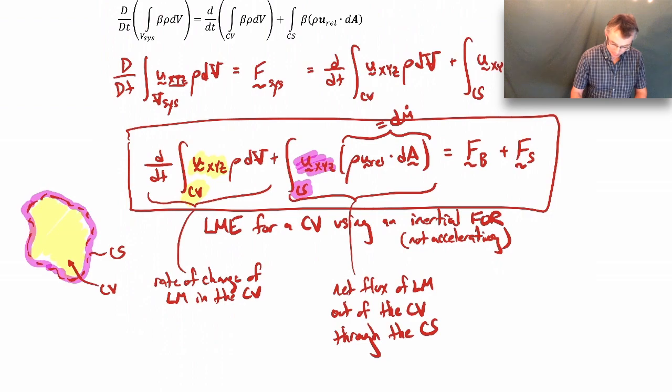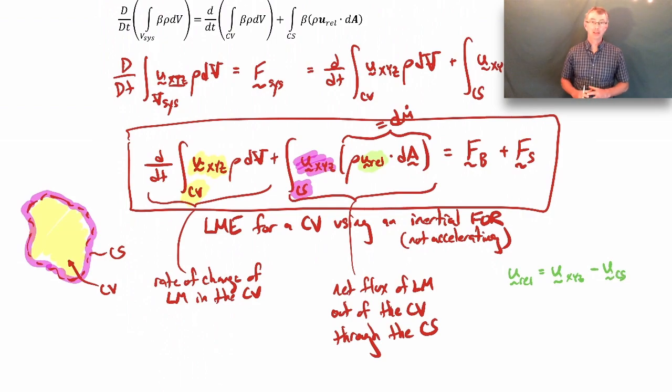Let me just also remind you about U relative, which I'm going to highlight in green. Remember that U relative is just the velocity of the fluid, so here would be the velocity xyz, minus the velocity of the control surface. So it's the velocity of the fluid relative to the control surface at the surface. That's the relative velocity.